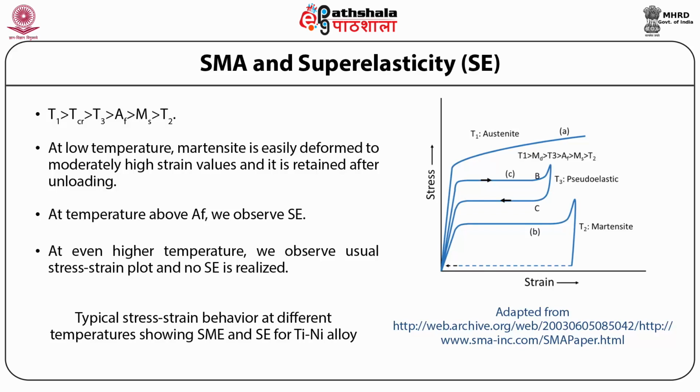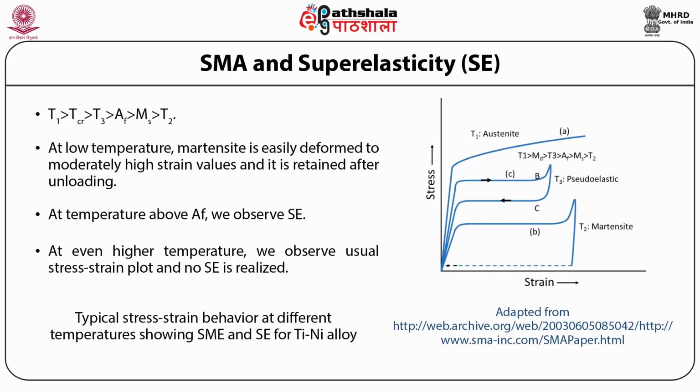At very low temperature, and the curve corresponds to B, that is T2 is less than Ms, martensite already exists in the microstructure. However, such systems can still accommodate some strains by allowing one variant of the twin to grow at the expense of all other variants.